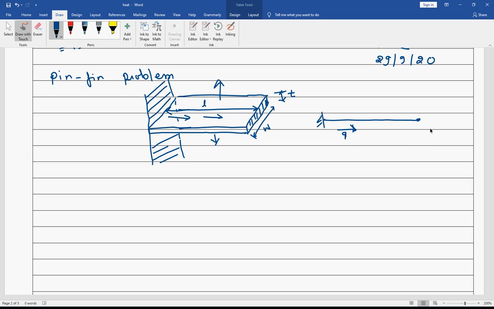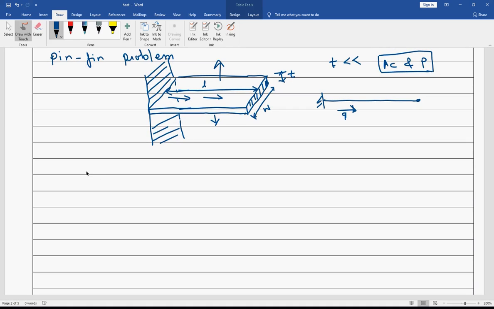Now considering the thickness is very small, the cross-sectional area and the perimeter are cancelling each other. This is the main assumption here, and that's what always happens. Therefore we can simplify the formulation.